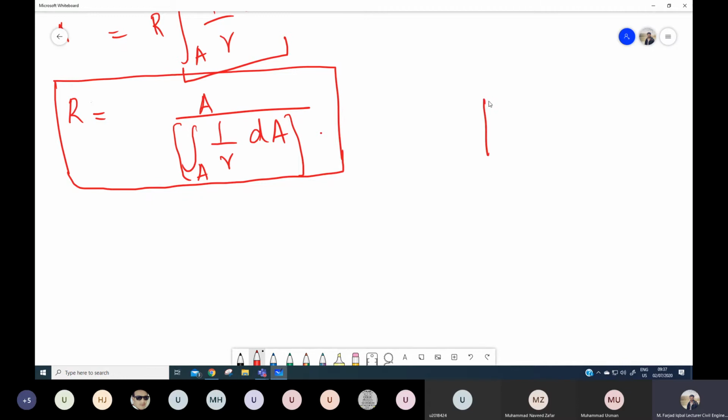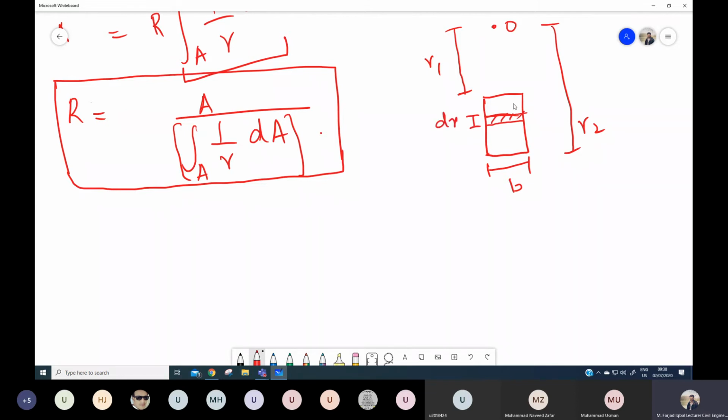So this R distance, or the range of this R distance, obviously, if this is the center of curvature, then the range of this R is, let's say this is R1 and this is R2, right? This is the width of this rectangular cross section. If I take the differential area on this side or of this element, what would be this length? I can represent it by dr. This is any random length.